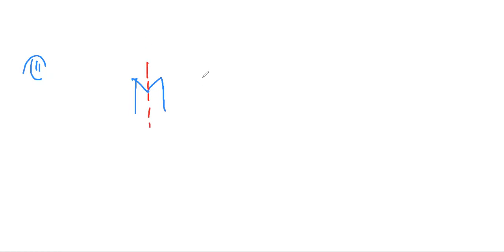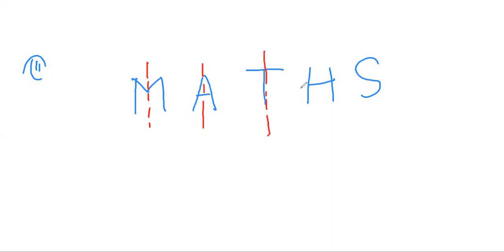The next letter is A, then T, H, and S. So let us draw the line of symmetry for A. This is the line of symmetry for A. This is the line of symmetry for T. There are two lines of symmetry for H, and there is no line of symmetry for S.